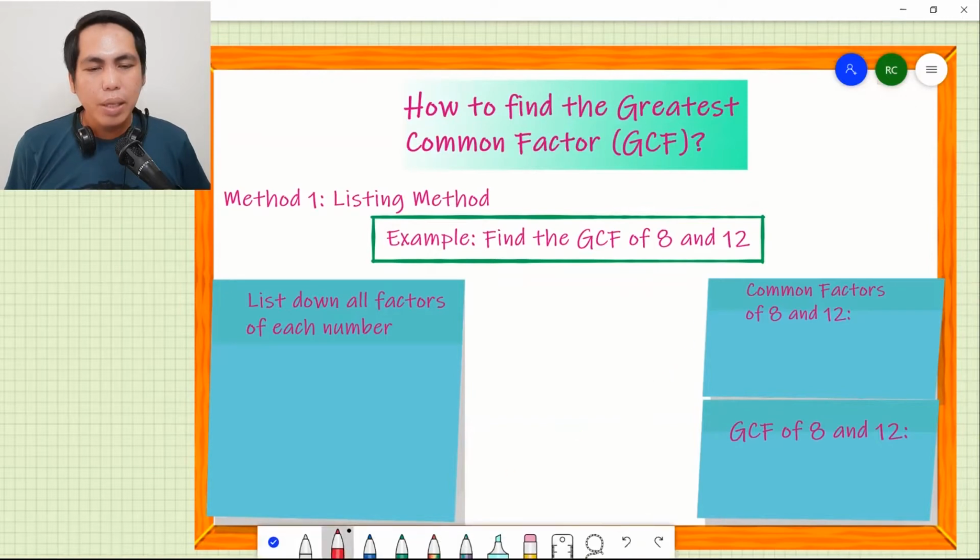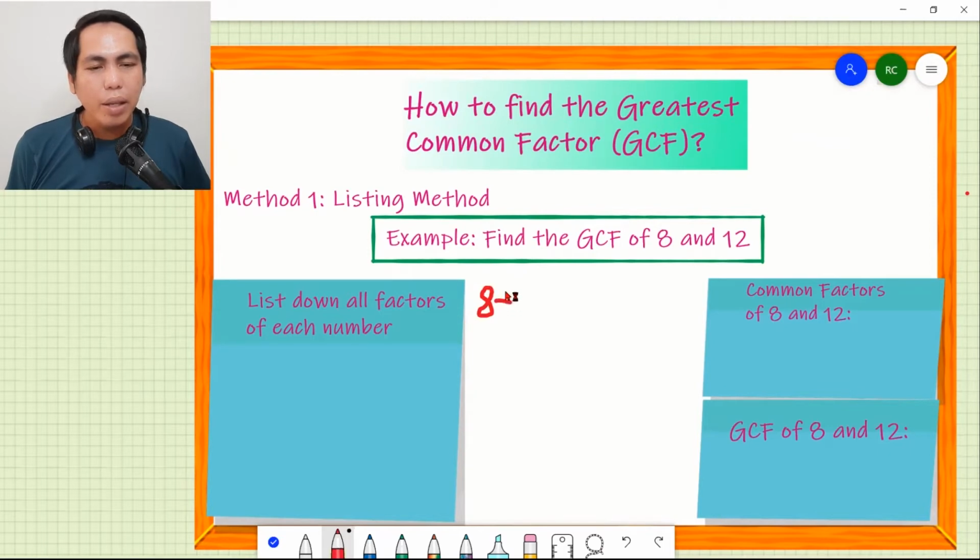So let us begin by identifying or listing down all factors of 8. When we say factors, these are the numbers that can divide a given number equally. So we have to identify all numbers that we can use as divisors for 8. So we can start with 1, since we know that 1 is always a factor of any number.